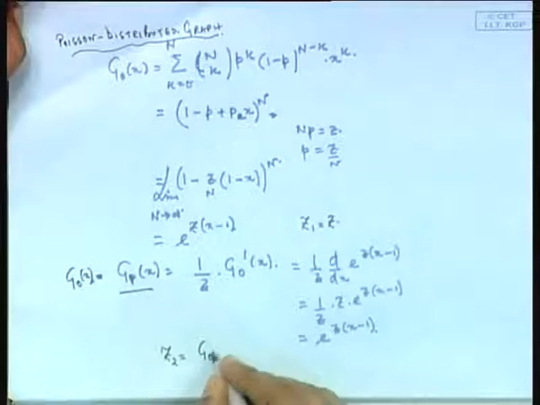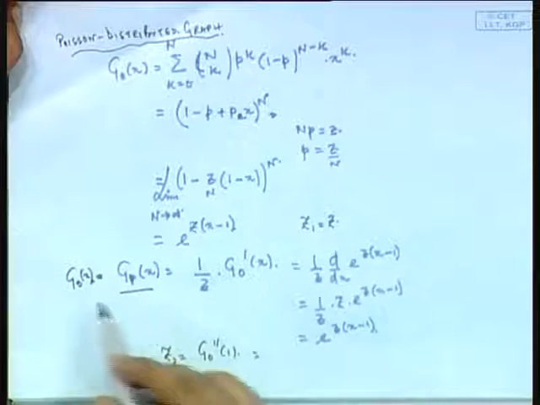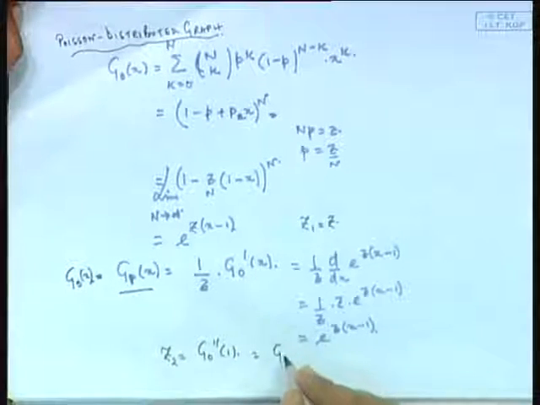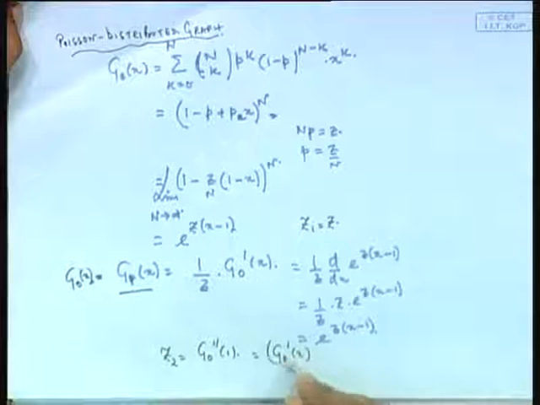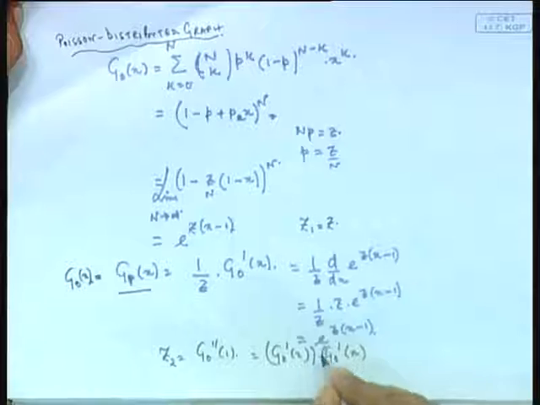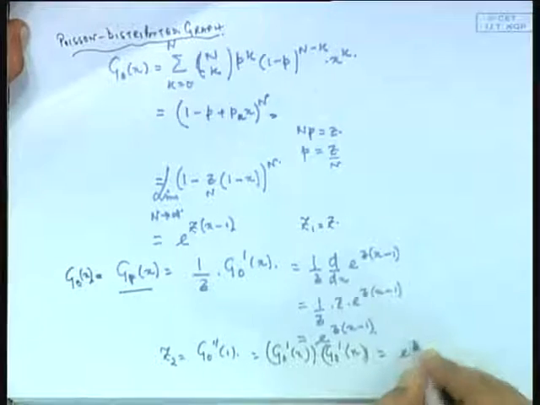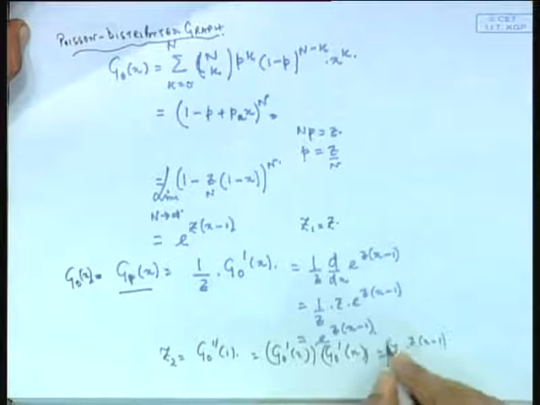So, Z 1 is Z, and Z 2 will be, you can just see how you calculate Z 2. Z 0 x basically gives you e to the power z into e to the power z x minus 1.